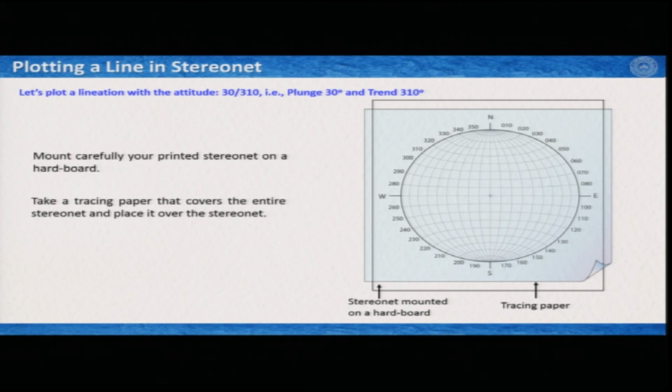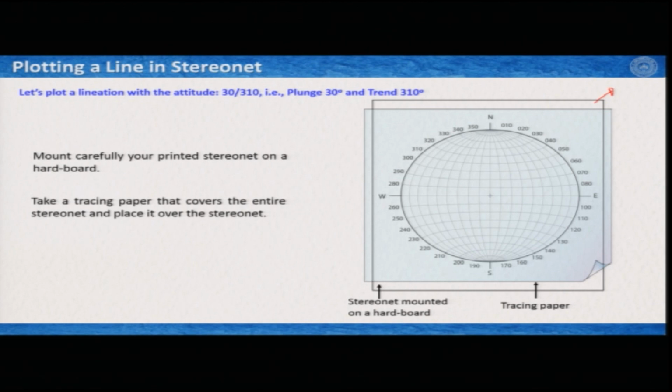So, in this illustration and in the following illustrations, the white background is your Stereonet and it will be referred to as the Stereonet throughout, and this translucent bluish paper with a little folding on the southeast corner is your tracing paper.